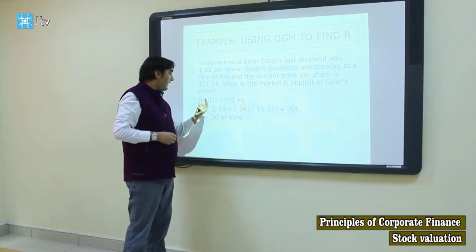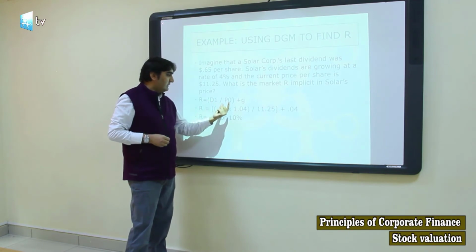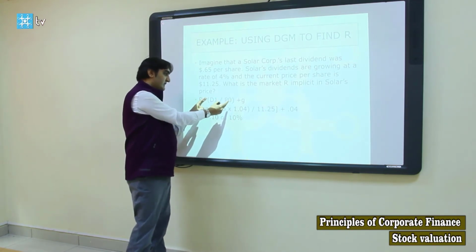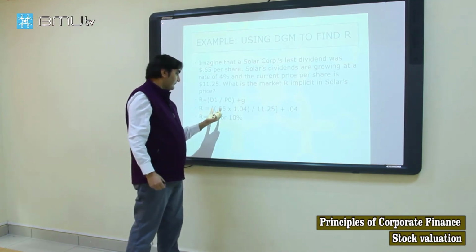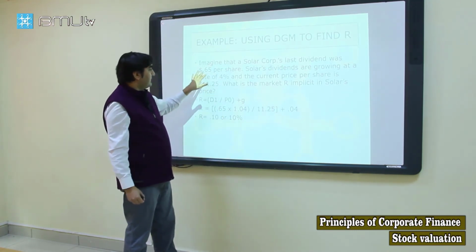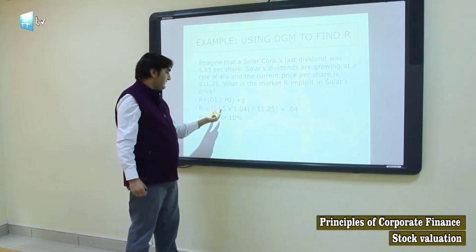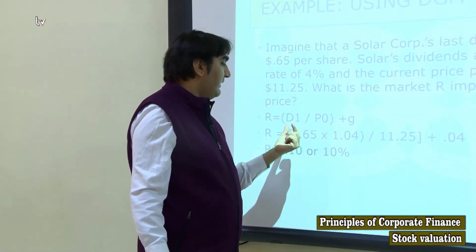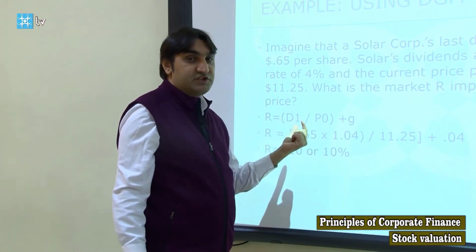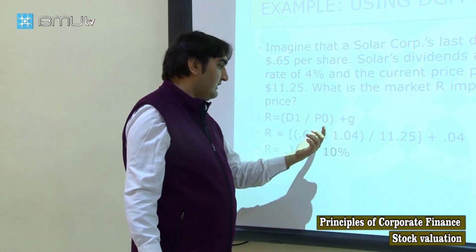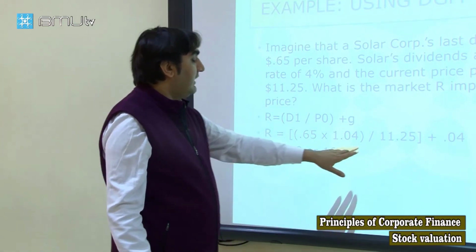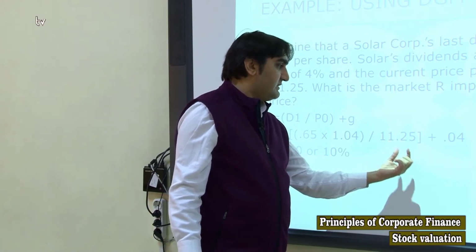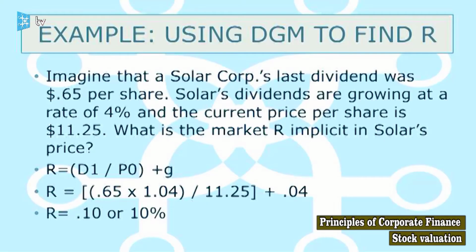That's R equals D1 divided by P0, this is the dividend yield, plus g, the growth rate of 4%. And since 0.65 is last period's dividend, we need to adjust it to be D1, so we multiply it by 1.04 and divide by the current price P0, add our capital gains yield and get 10%.